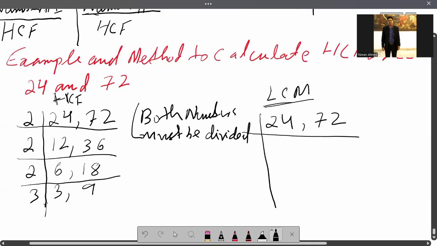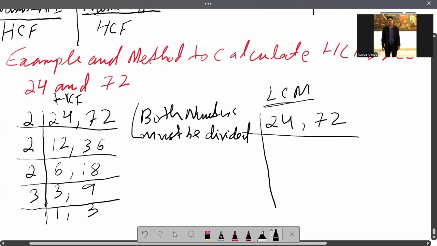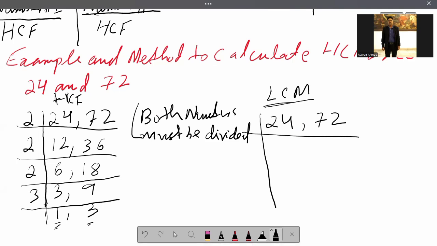So that means it's 1 and 3. Now here we have to stop, because there is a 1 and 3, and 1 is not divisible by any number, so there is no common number between 1 and 3.